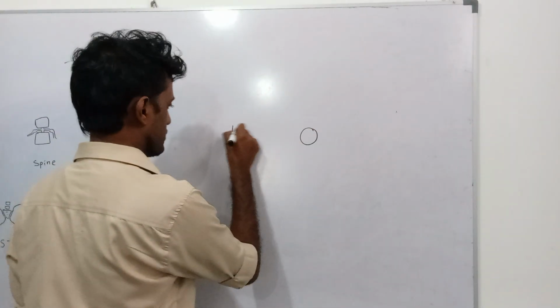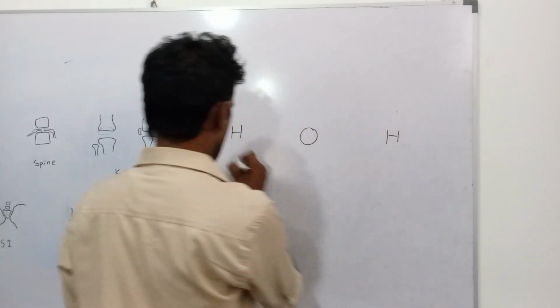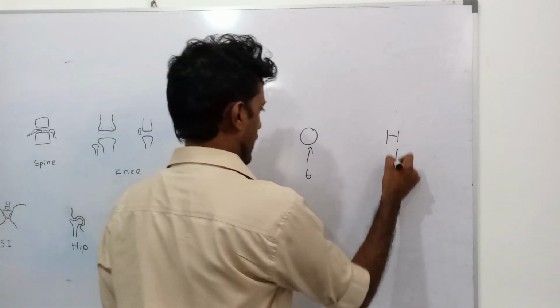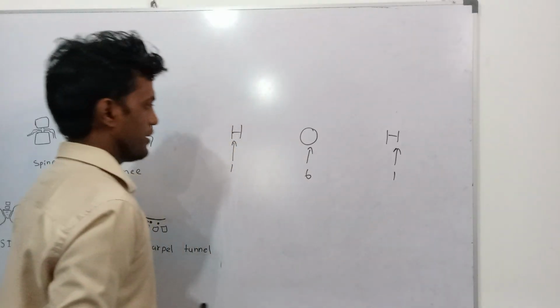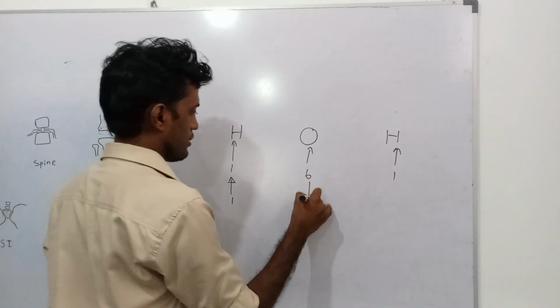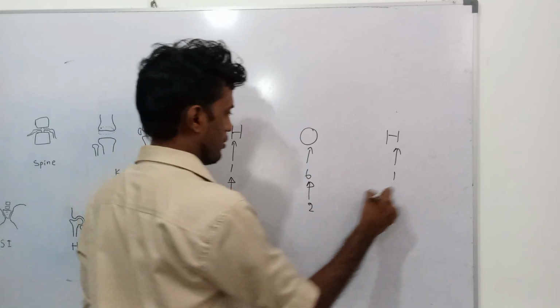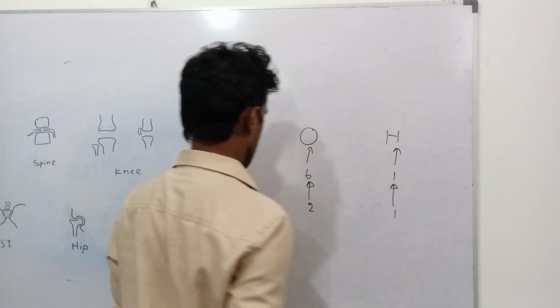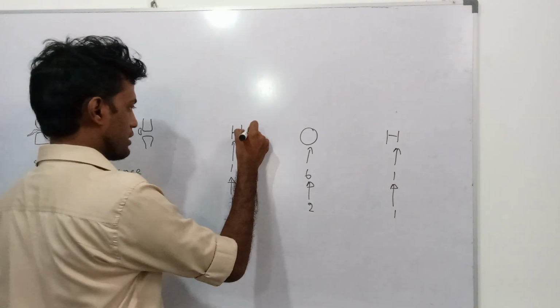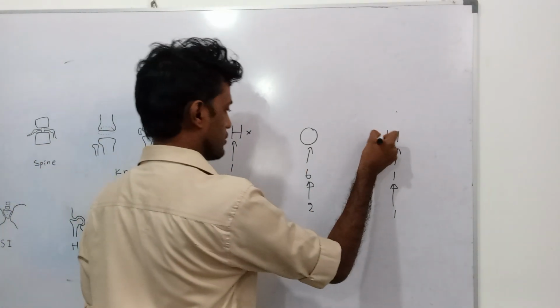First thing, write like this and write their group numbers: 1 here, 6 here, and 1, right? So hydrogen needs 1 electron, oxygen needs 2 electrons. So I mark this 1 electron like this.